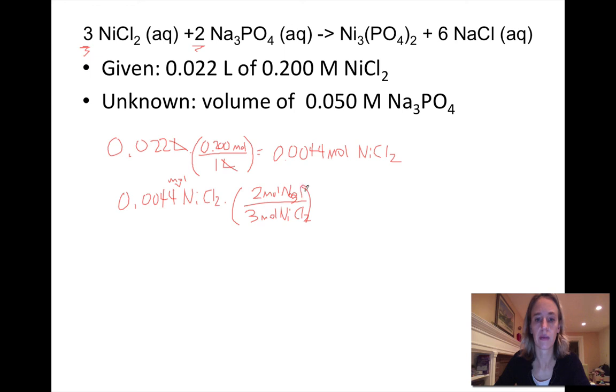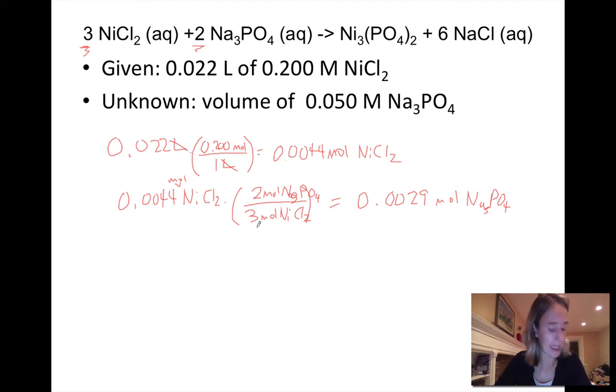Oops, that's pretty messy there, but you can tell what I'm going for. 2 moles sodium phosphate for every 3 moles of nickel chloride. So really I'm just taking 2/3 of 0.0044, and that comes out to be 0.0029 moles of the sodium phosphate.